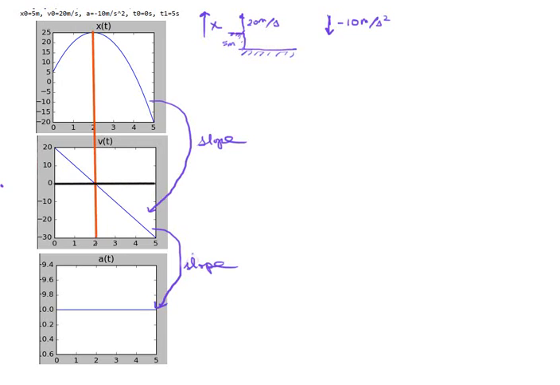So you can see at the apex point for x versus t, and so remember x is pointing up, this point at t equals 2 seconds on the x versus t curve would be the apex position of this object which we threw up in the air.